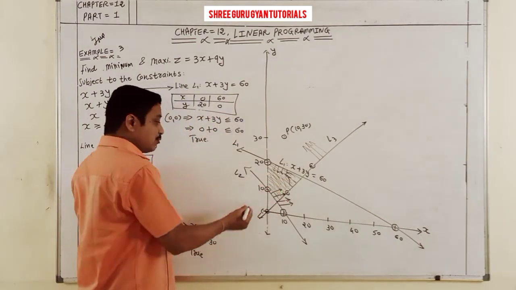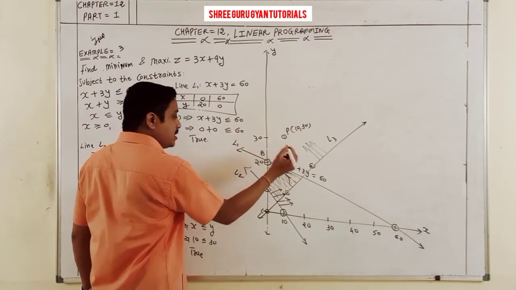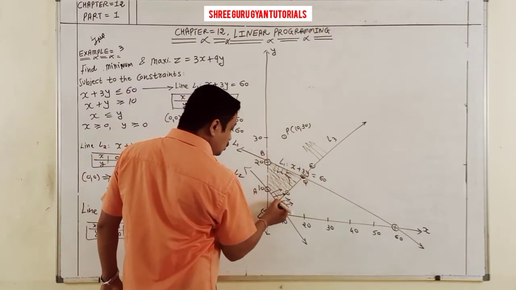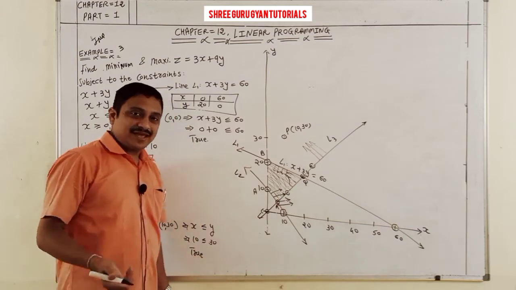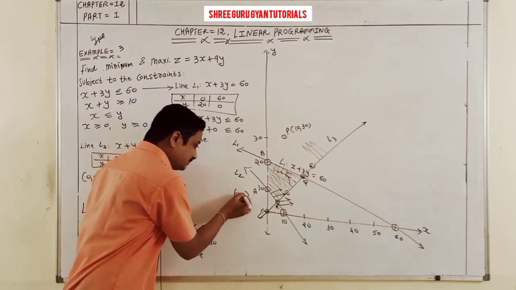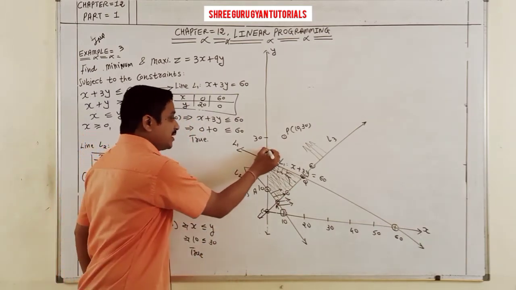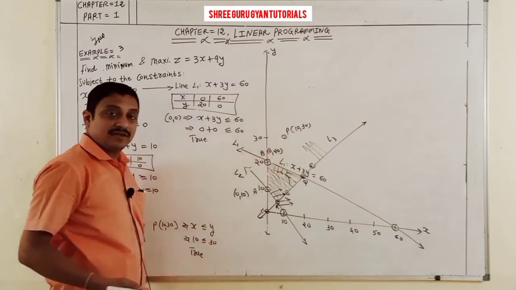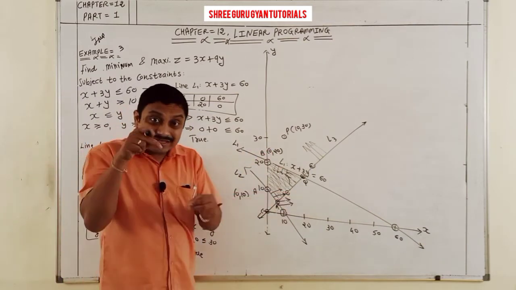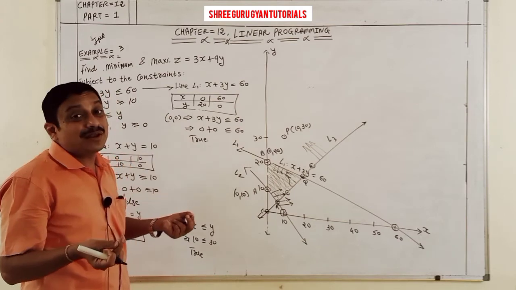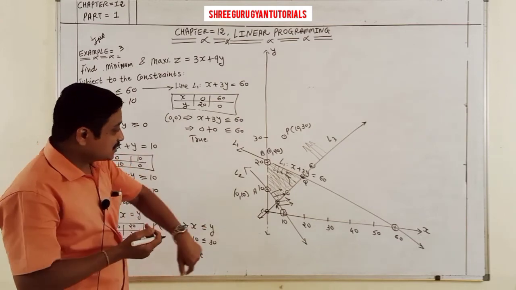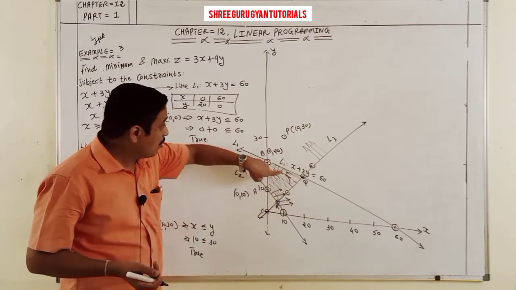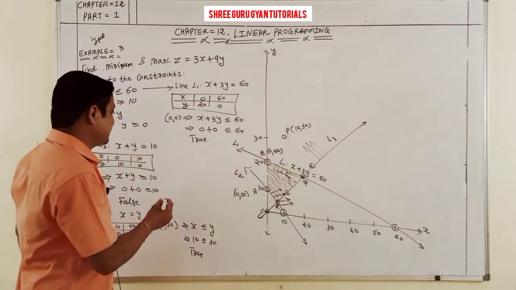And now I will take the points here, A, B, that is Q, that is R. A is very easy, (0, 10). B is also very easy, (0, 20). But R and Q I will find out by simple elimination. So students, first of all Q is defined by L1 and L3.